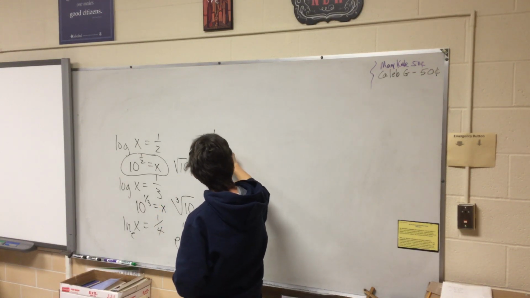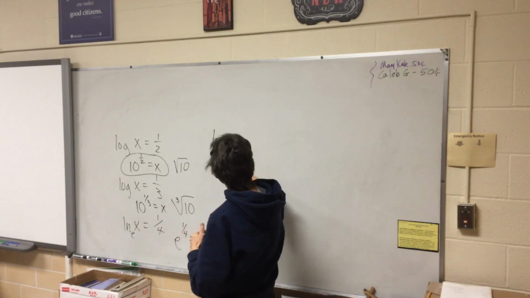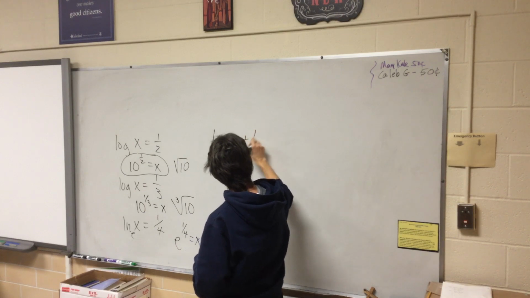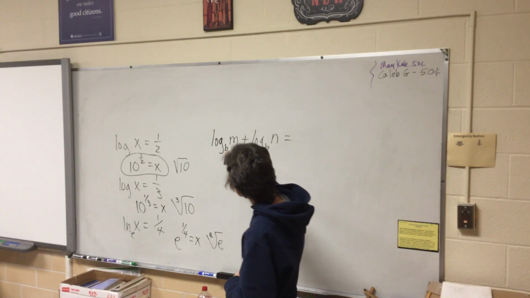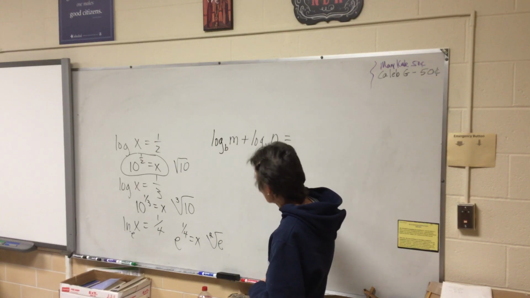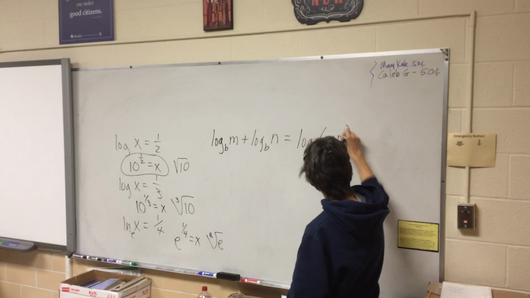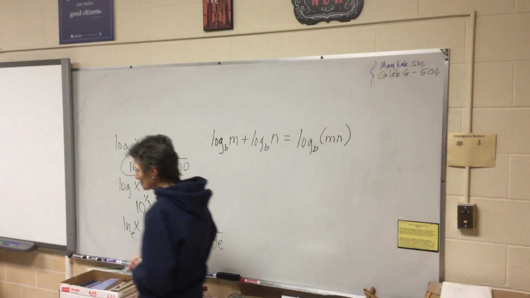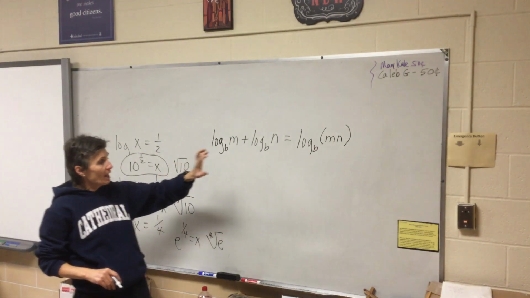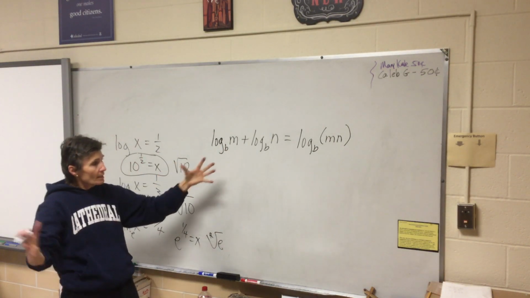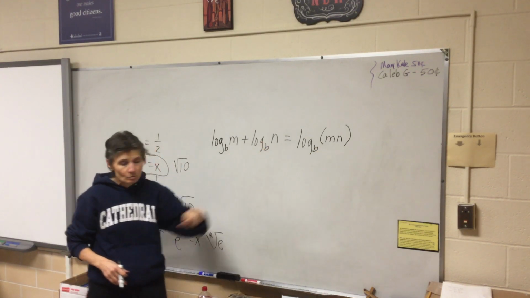If we had the log base b, and this works for any base, the log base b of m plus the log base b of n, in other words, if you have 2 logarithms being added together, they will combine into a product. So the log of m plus the log of n combines into one logarithm by multiplying those 2 numbers.